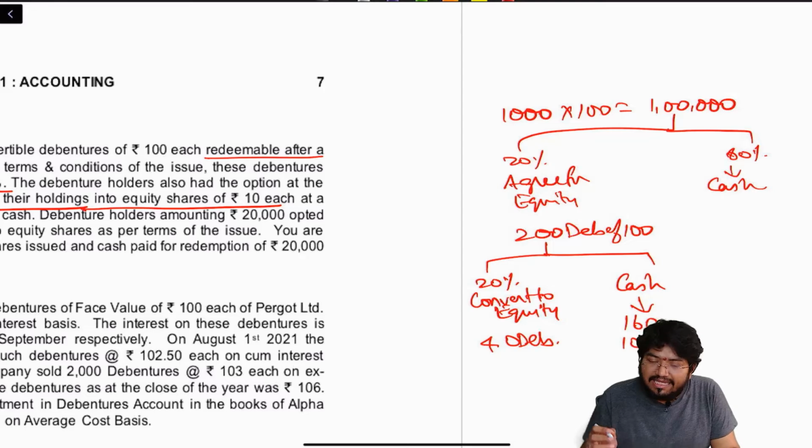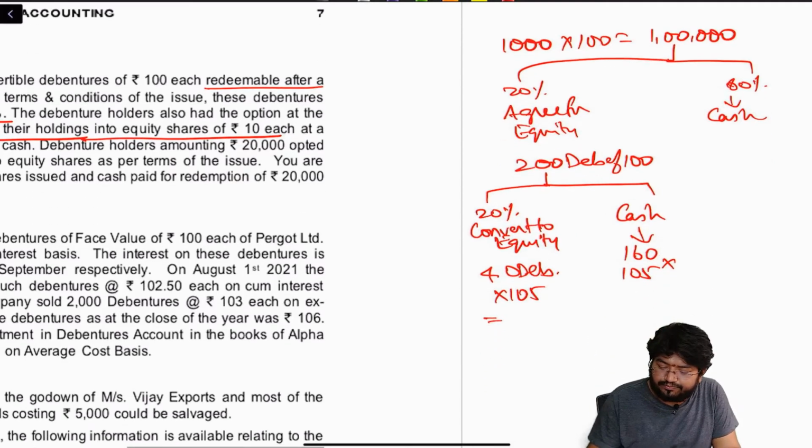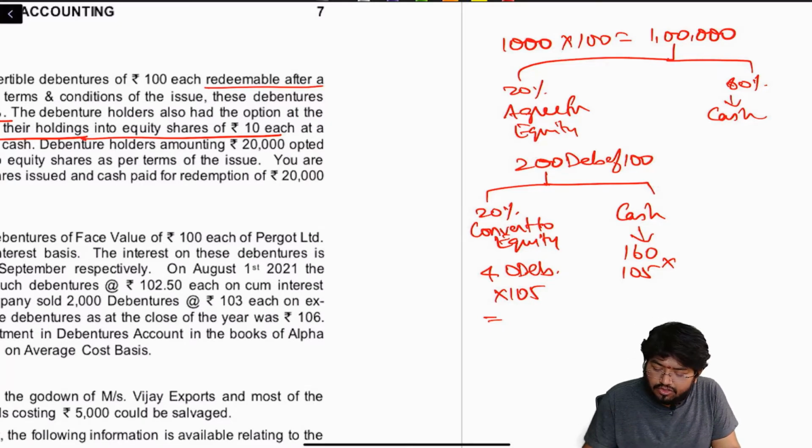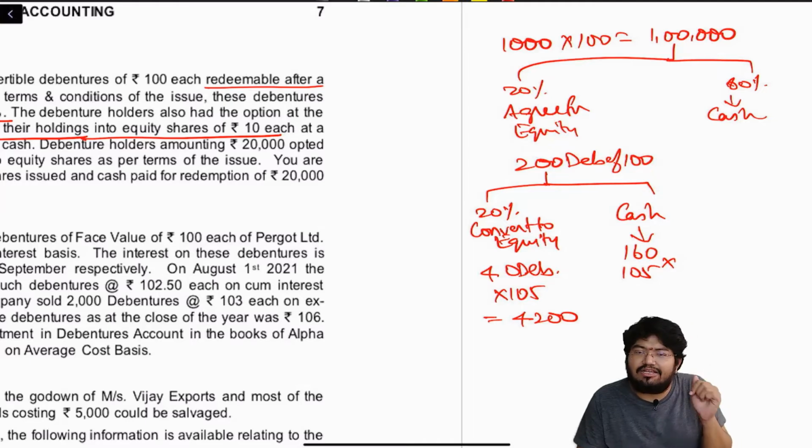If they collect in cash, they would have got 105 rupees. Yes or no? Yes, sir. So that means the value happens to be how much? 4,200. If they collect in cash, they would have got 4,200.